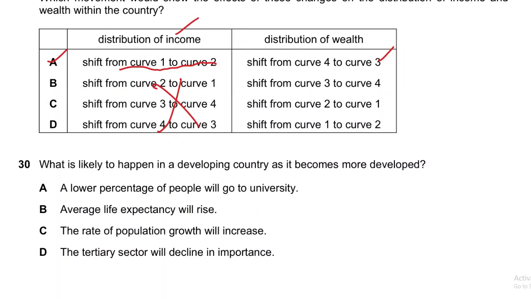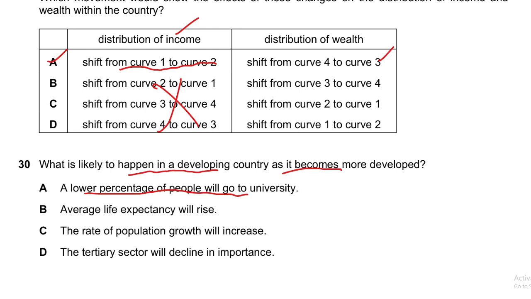And the last question is, what is likely to happen in a developing country as it becomes more developed, right? It was a poor nation, now it becomes a rich nation. So what will happen? A lower percentage of people will go to university.